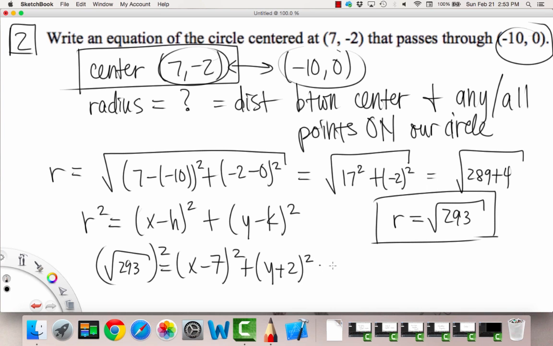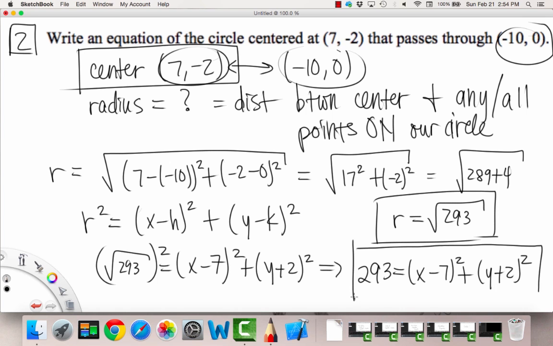We can rewrite this simply as 293 equals x minus 7 quantity squared plus y plus 2 quantity squared. And that is the equation of our circle given the information at the top.